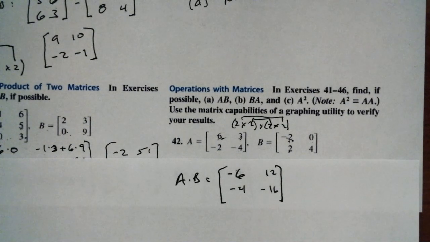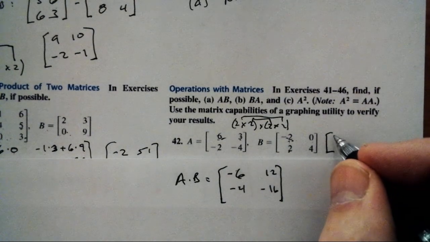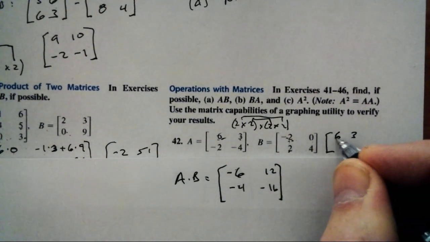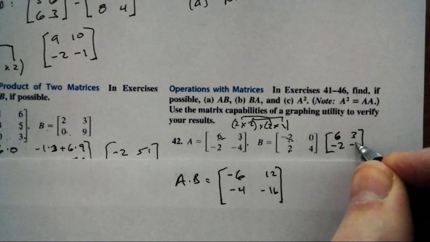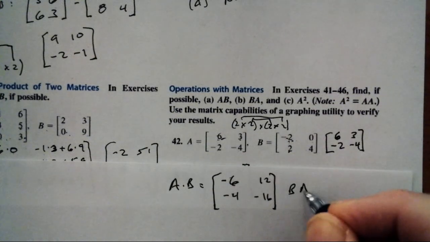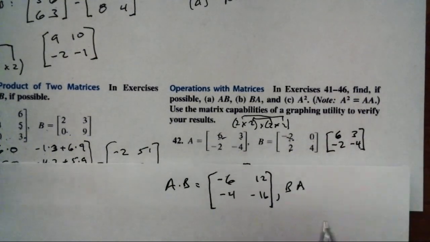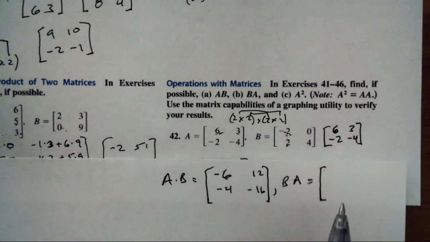Now, to find BA, you could do this backwards, but I would highly recommend, let's write A over here, 6, 3. I've been doing this a long time, and I still find this very helpful. So B times A, 2 by 2 times 2 by 2, we're going to get a resulting 2 by 2.